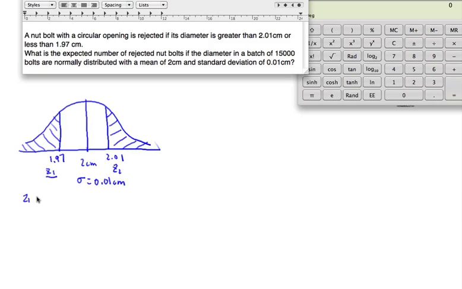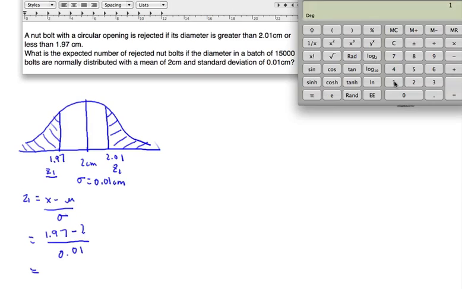So Z1 is going to be equal to (x minus mu) over the standard deviation, which will be (1.97 minus 2) over 0.01. We'll plug that into the calculator: 1.97 minus 2 equals, and divided by 0.01, which gives us a value of -3.